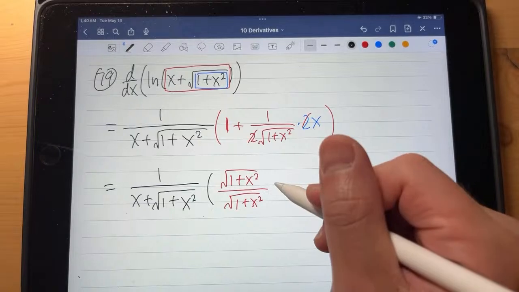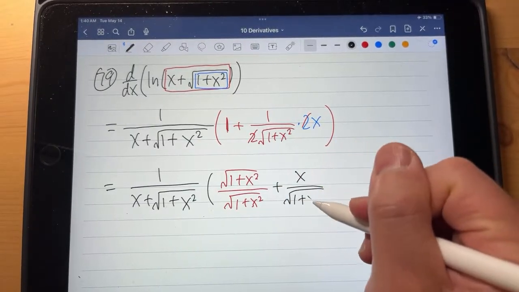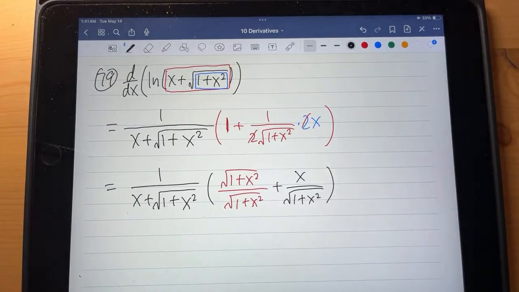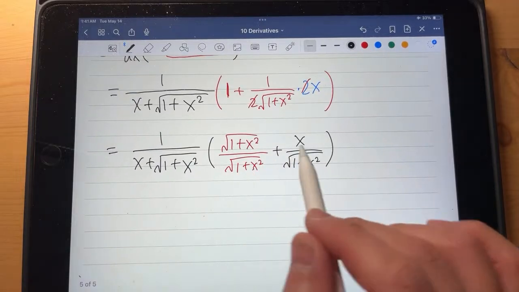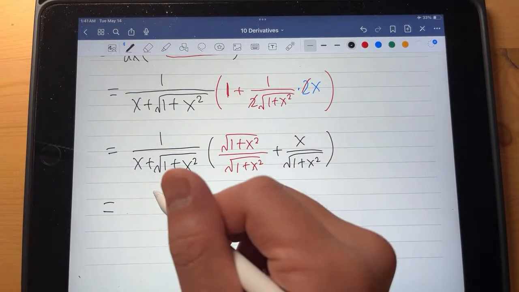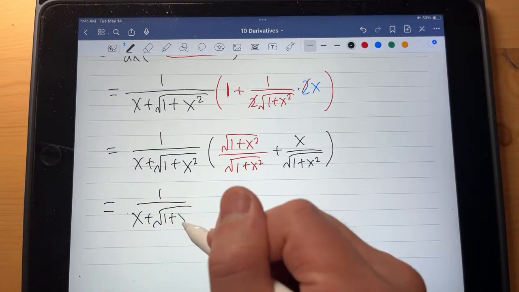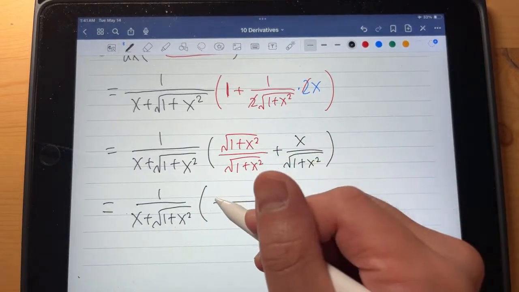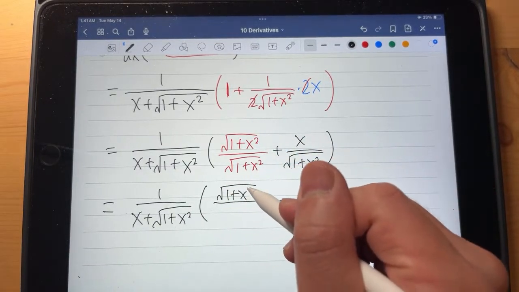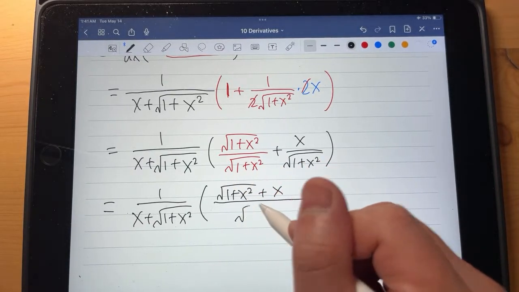And then we can plus x over that. Now they have the same denominator, so we can just put the top together, and you'll see that 1 over x plus square root 1 plus x squared. We multiply that by this plus that over this.